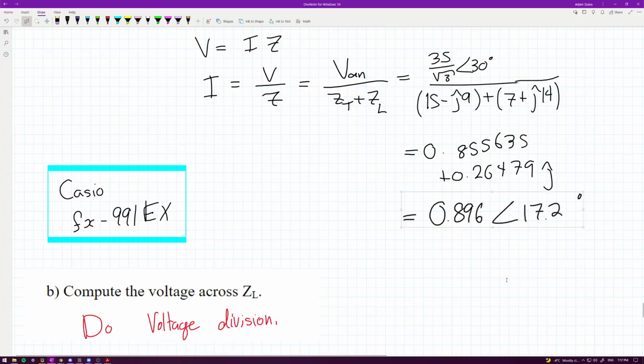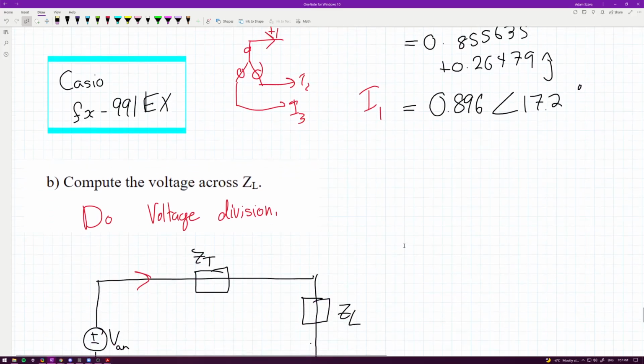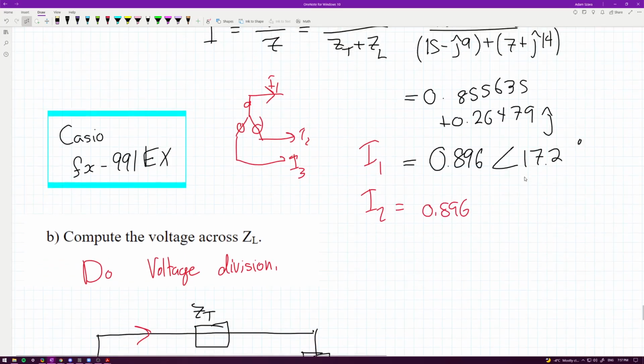So this is I1, I would call it, right? From the Y configuration, going here is I1. There's sources, so here's I2, and here's I3. If they said from the Y configuration, then it would just be these. So I2 is going to be 0.896. I2 is the B, right?